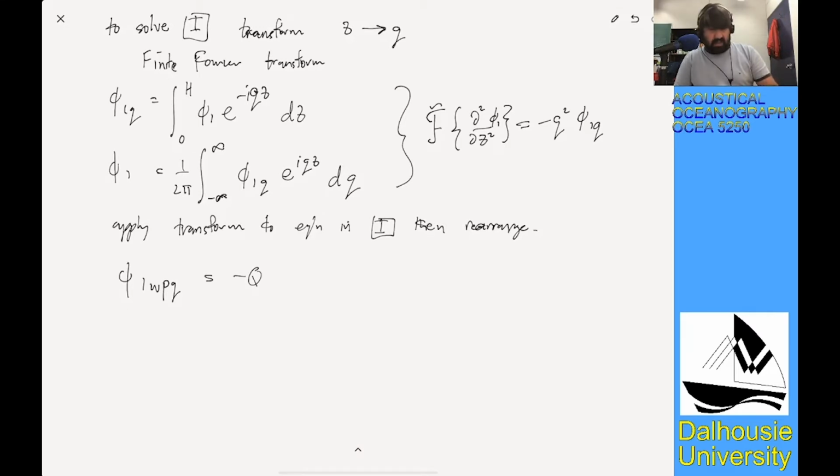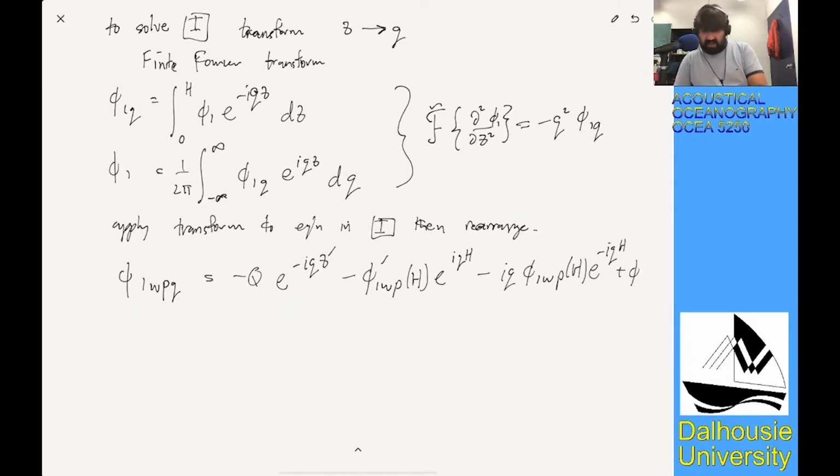Well, we end up with minus i q z prime. We have to evaluate the field at h because of our integral, right? q h. And then we have to evaluate it at the surface as well.